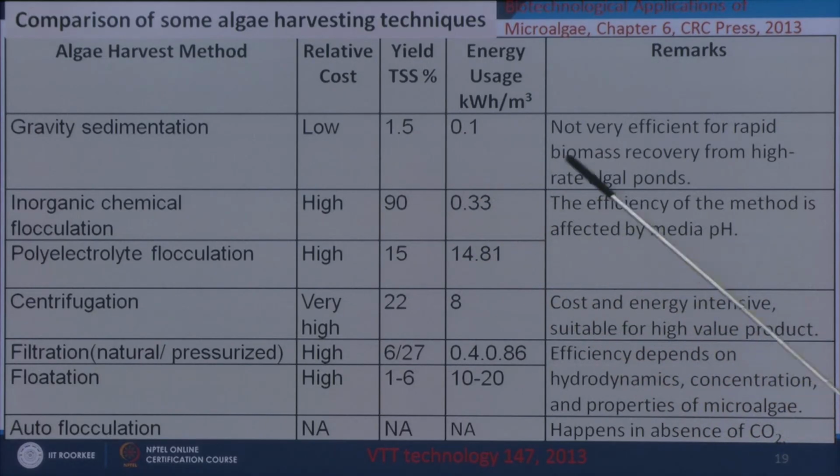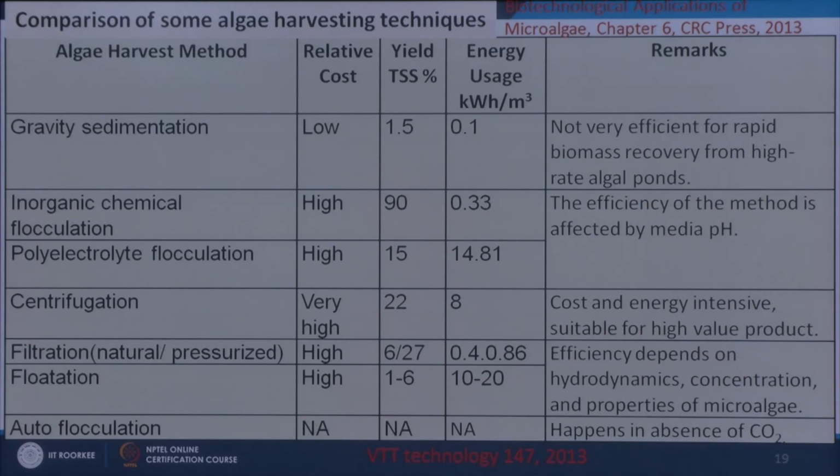Then gravity sedimentation is not very efficient for rapid biomass recovery from high rate algal ponds, and for centrifugation we have already discussed the high cost. Filtration and flotation also depend upon the hydrodynamics of the systems, and the concentrations and properties of microalgae, and no information is available on the cost, yield and energy usage of autoflocculation.